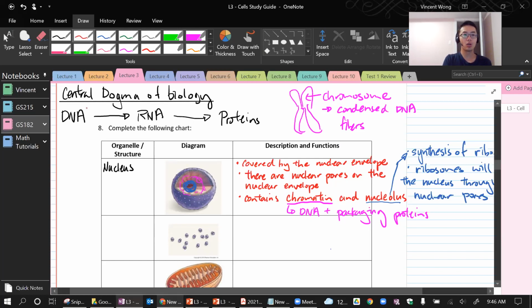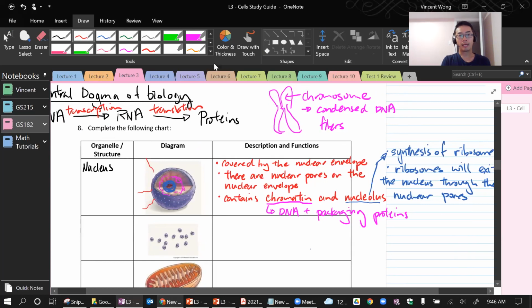Okay, so this is called transcription. And this is called translation. So in order for this to happen, once the DNA is copied into RNA, the RNA will now exit into the cytoplasm through the pores. Okay. So over here, the nuclear pores, right? Okay.